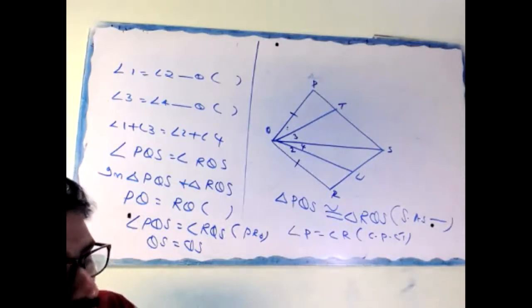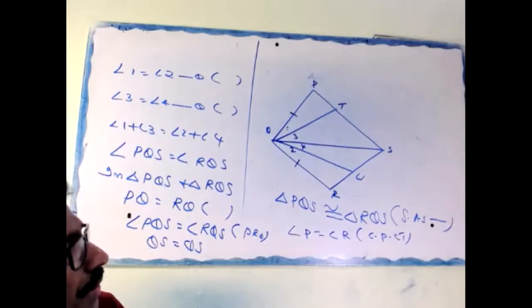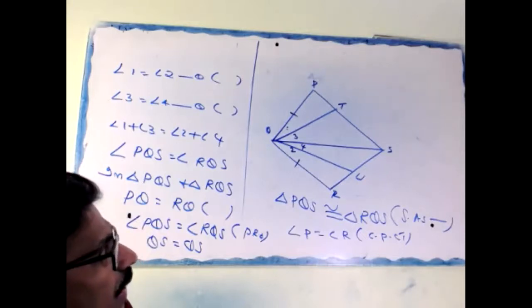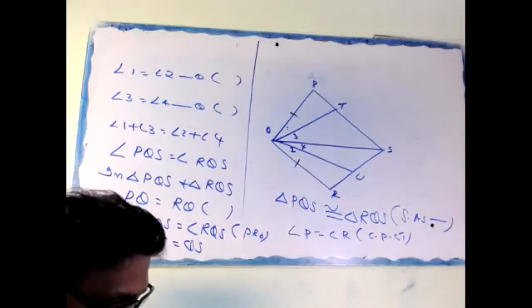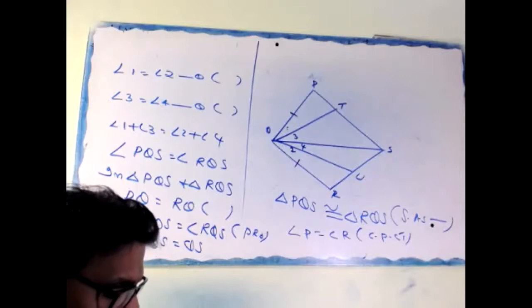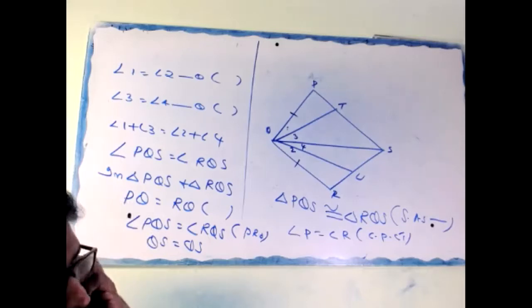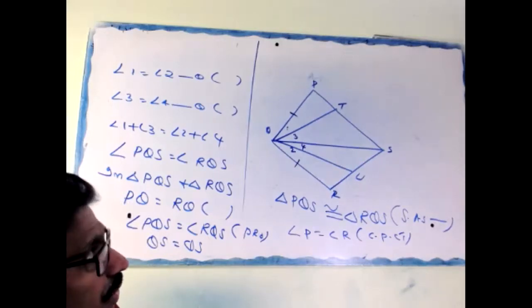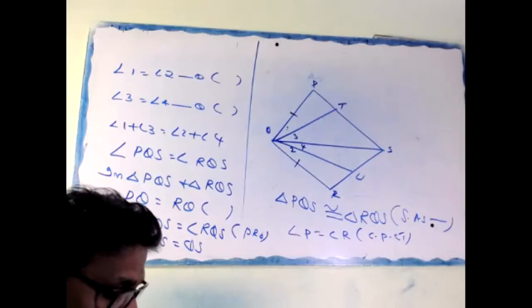Therefore, triangle PQT congruent to triangle RQU. Hence, by ASA congruency, QT equal to QU.